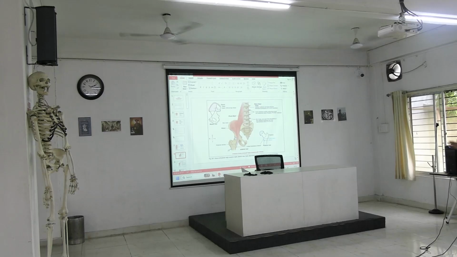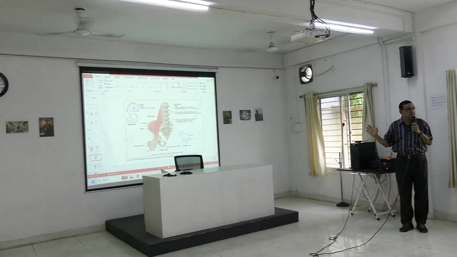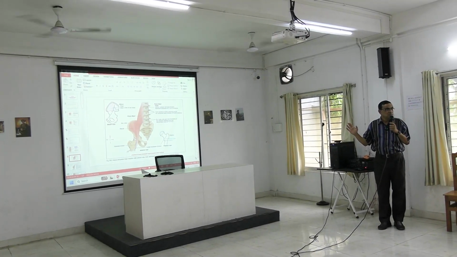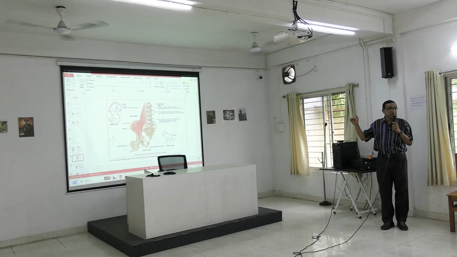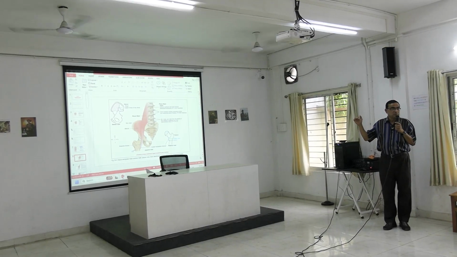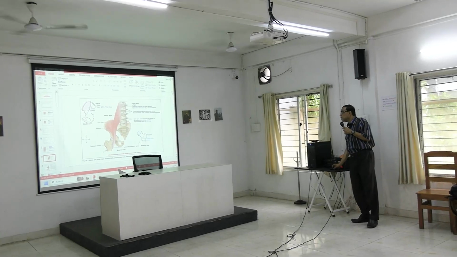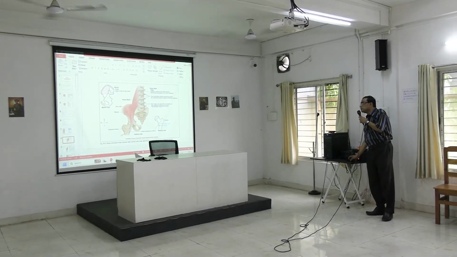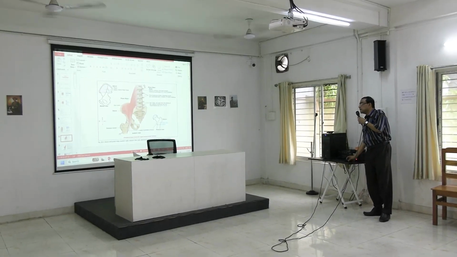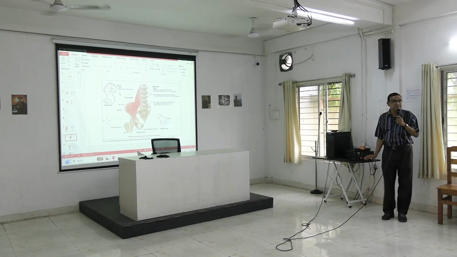So this is the origin of the psoas major muscle. From above and below we can see the vertebra, and in between the vertebra we are getting the intervertebral disc.